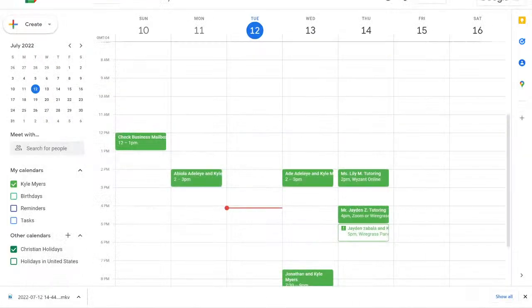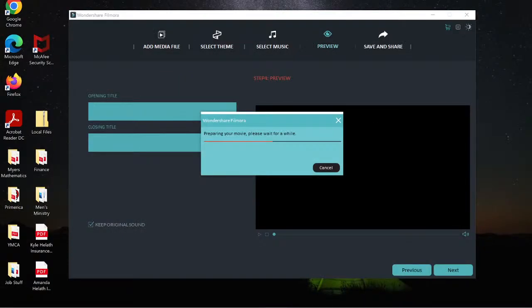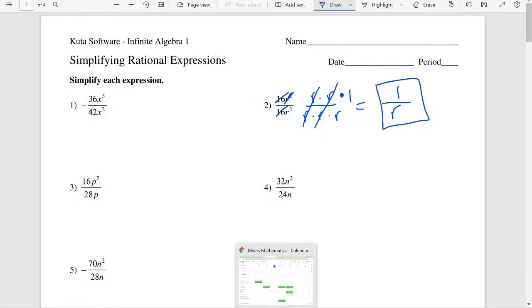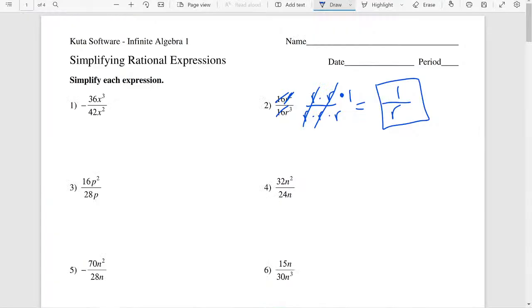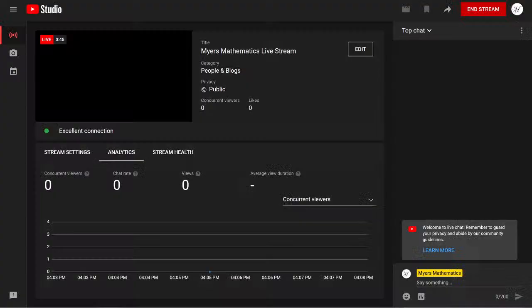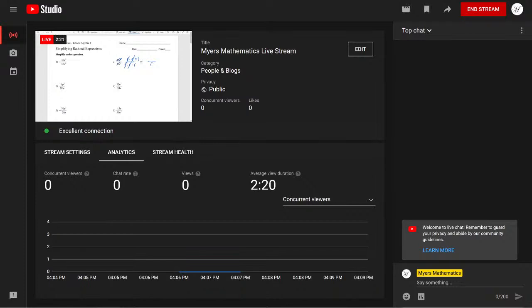All right, so let me go ahead and go back here, see if I can go back to, where am I at? Goodness gracious, where is the thing at? Trying to get back to where I need to go. All right, here we go. So, sorry, this is the first time I'm doing this, so I'm trying to figure this out as we go.